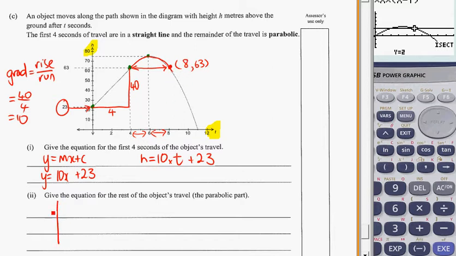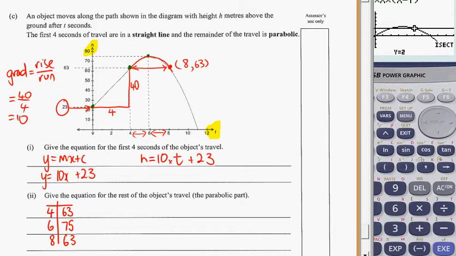So for my parabola I have 3 points. This point here, which is the point 4 on the x, 63. We've got the maximum, which is the point 6, 75. It's fairly clear that it's 75. And the last point is 8 and 63.